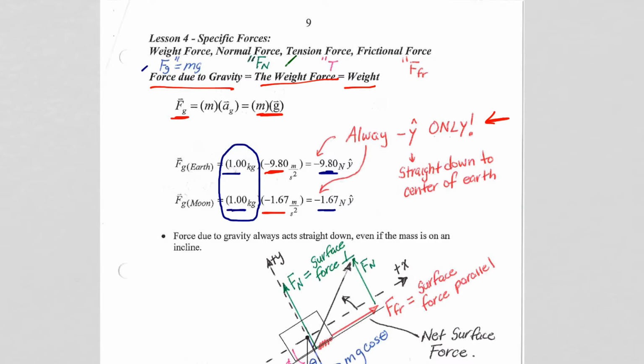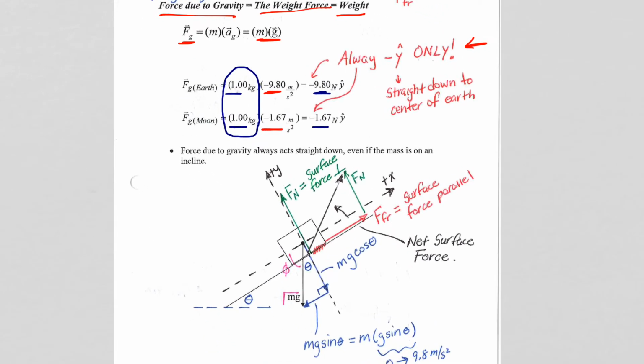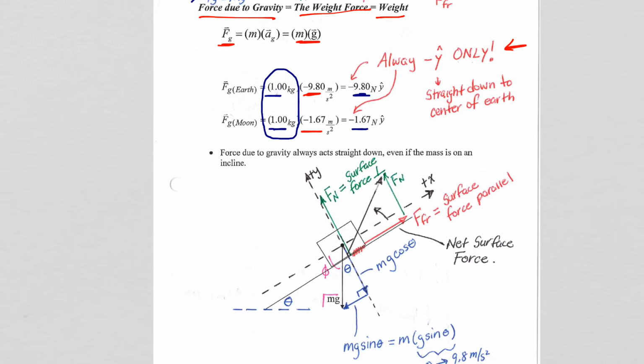Okay, so let's see how to handle gravity, the gravitational force in problems. Well, before we get to this little more complicated case where we're inclining the plane, let's just talk about a box, and gravity is the only force acting on the box. Well, if we have a box, and gravity is the only force acting on the box, then it is in free fall, and there is a force mg straight down.